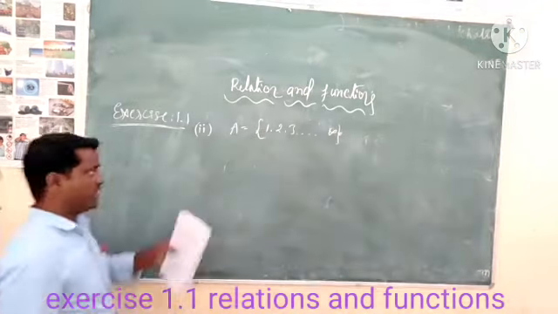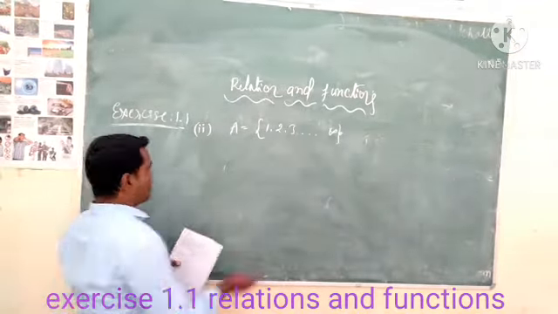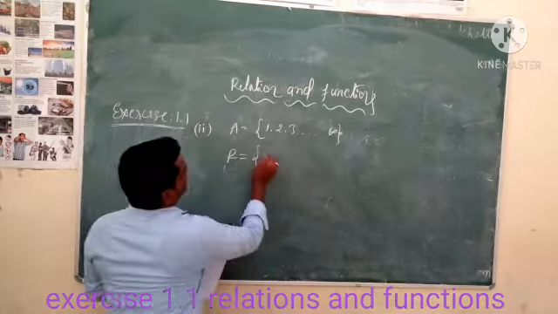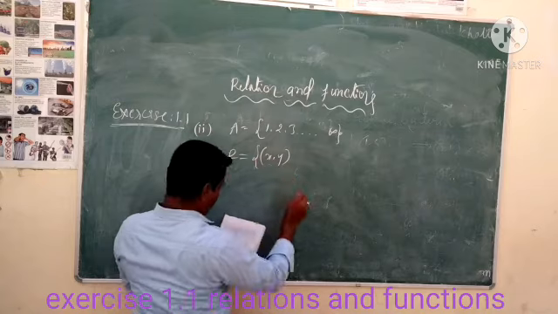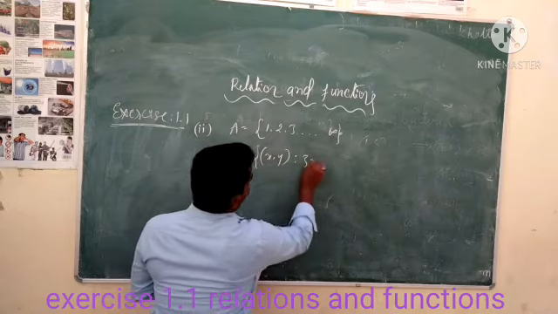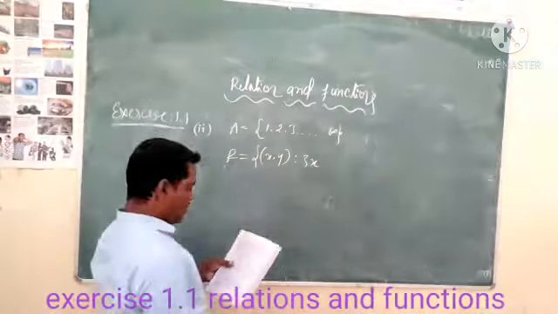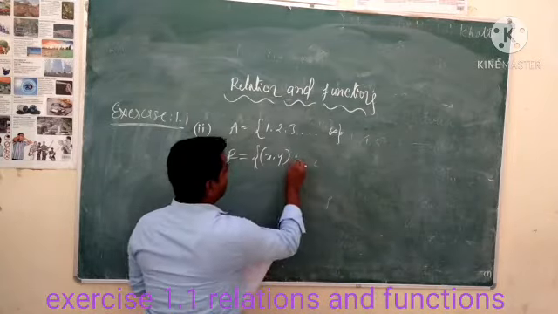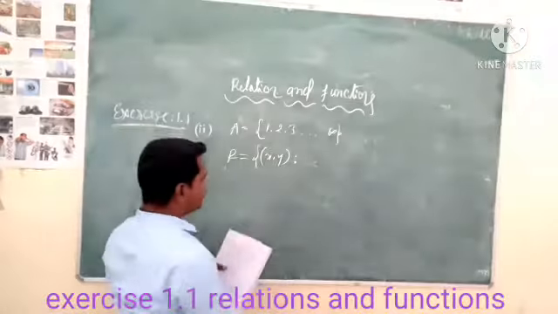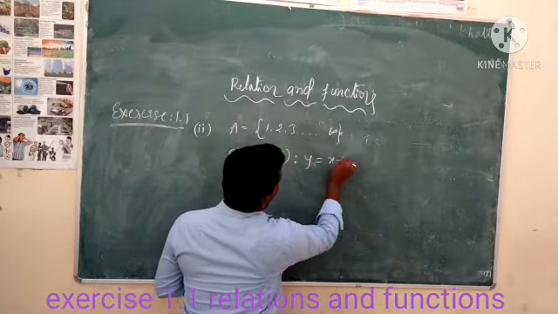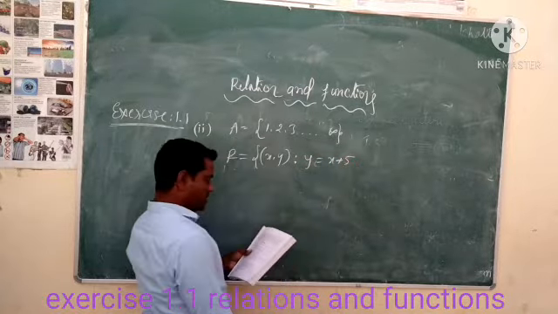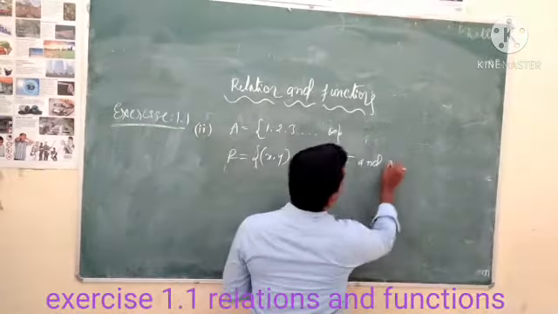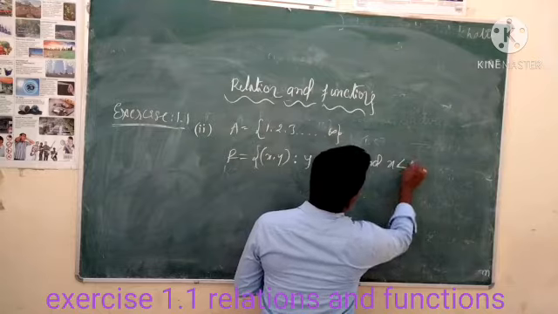And R has been given: y = x + 5, and the condition is also given: x should be less than 4.